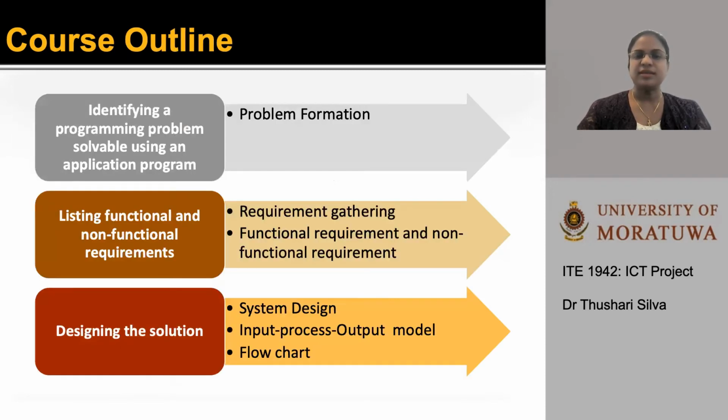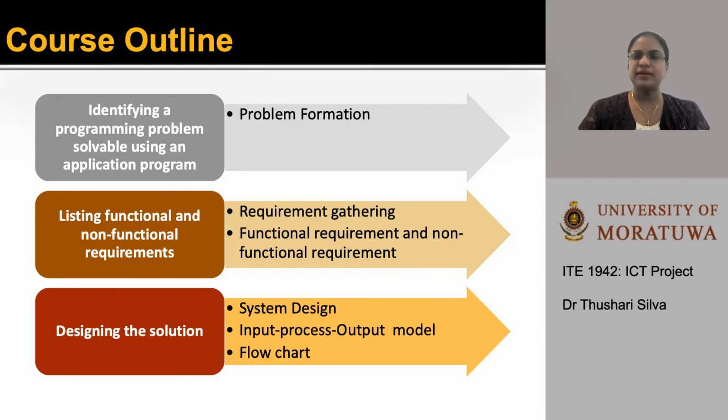So let's go and see each and every section in detail and what additional parts you need to come up with. The first section covers identifying a programming problem which is solvable using an application program. A software application, computer software, needs to be implemented to solve your problem. Formation of the problem, identifying the scope, and the ability to solve it using an application program are key essentials in this section.